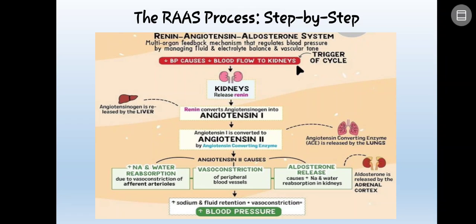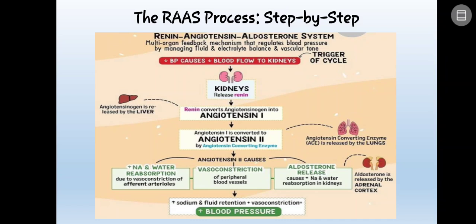Now let's look at the second thing that would actually help to activate this process. The second of the three mechanisms that help to activate this renin-angiotensin-aldosterone system is sodium detection in the distal tubule. So now you remember the distal convoluted tubule in the kidney renal system.